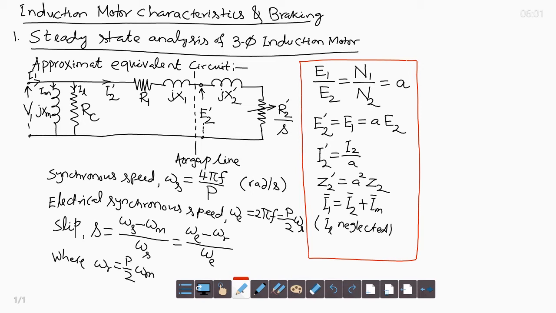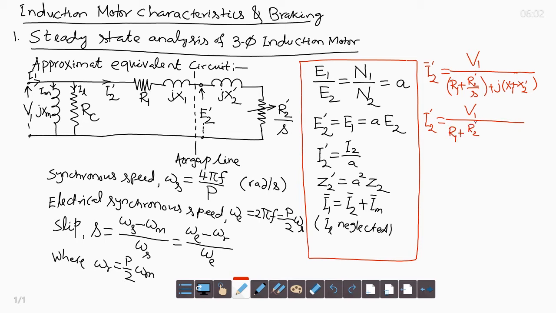Then in this equivalent circuit, what is the current I2 dash phasor? I2 dash phasor is the applied voltage V1 divided by R1 plus R2 dash by S plus j into X1 plus X2 dash, and its magnitude I2 dash is V1 divided by the square root of R1 plus R2 dash by S whole square plus X1 plus X2 dash whole square.